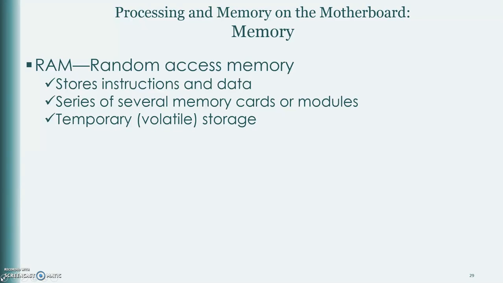So that's what we're referring to when we talk about reading from and writing to. And because the entire contents of the RAM are erased when you turn off the computer, RAM is the temporary or volatile storage location.